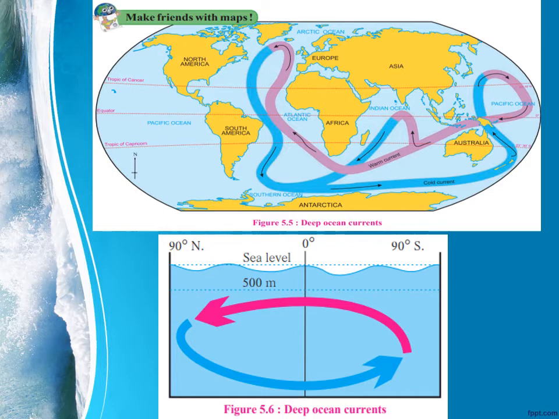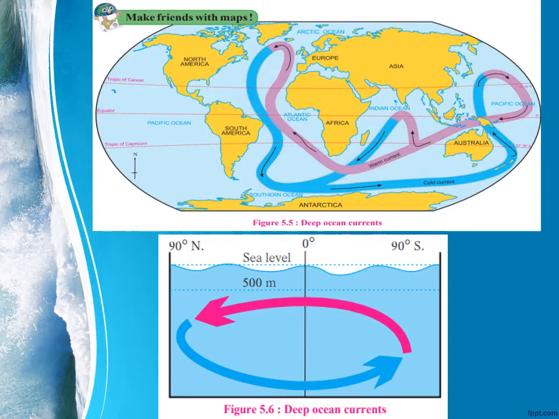As it moves around Antarctica, two sections split off the conveyor and turn northward. One section moves into the Indian Ocean, the other into the Pacific Ocean.